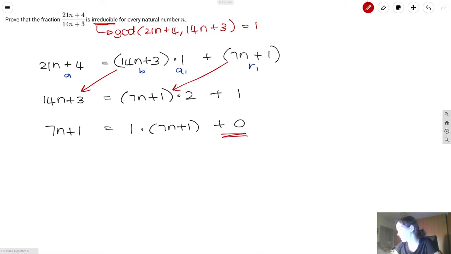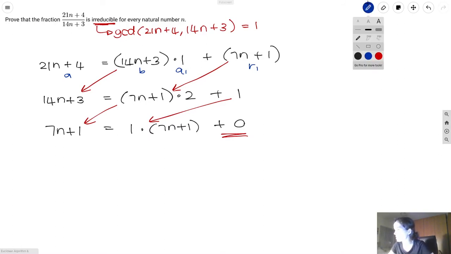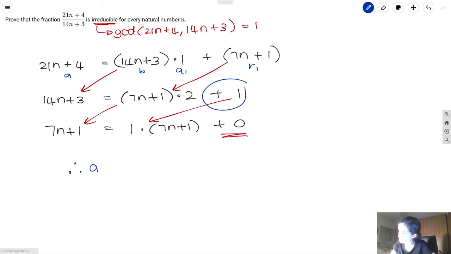Since we have reached 0, this means that the GCD of 21n plus 4 and 14n plus 3 is going to equal 1.